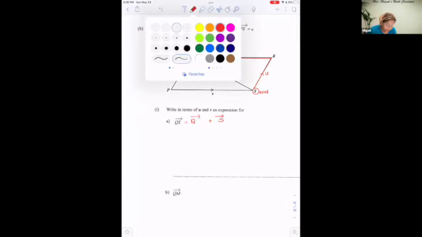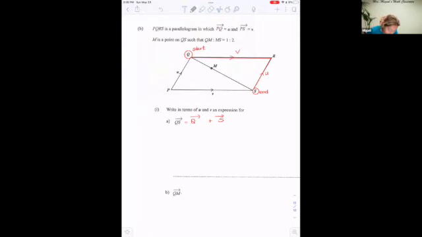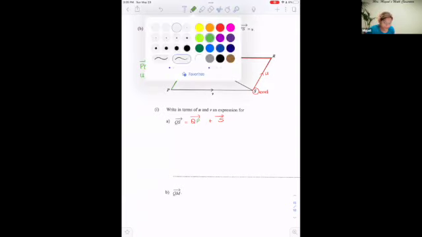So I can go from Q to P. Notice I am going in the opposite direction. So QP is the opposite of PQ. So if this is U, this will be negative U. When you go in the opposite direction, the vector must change, right?